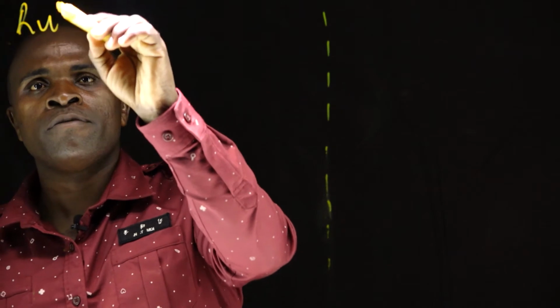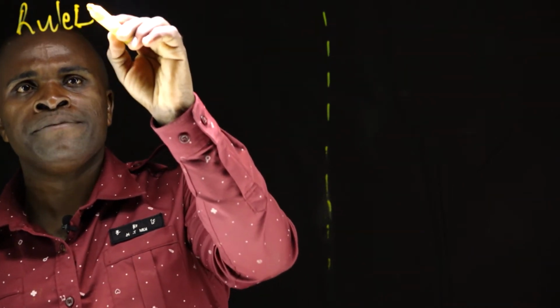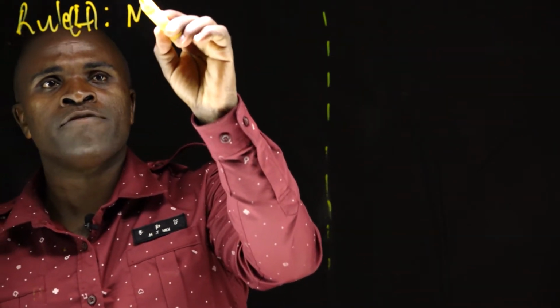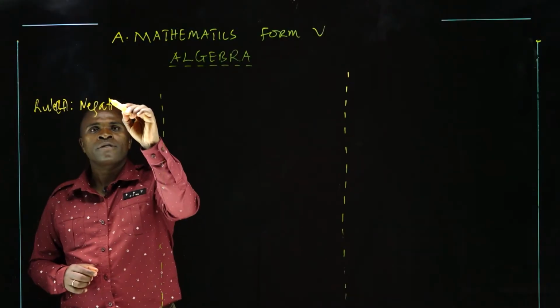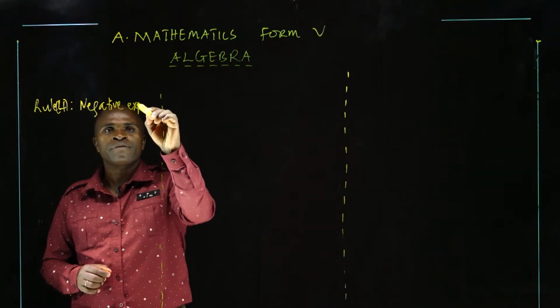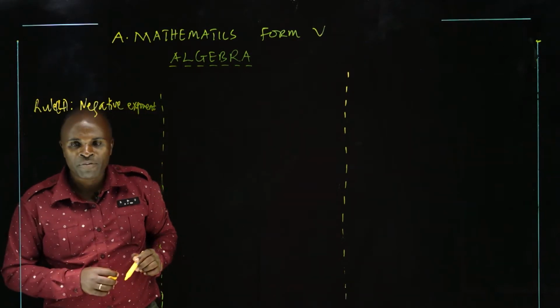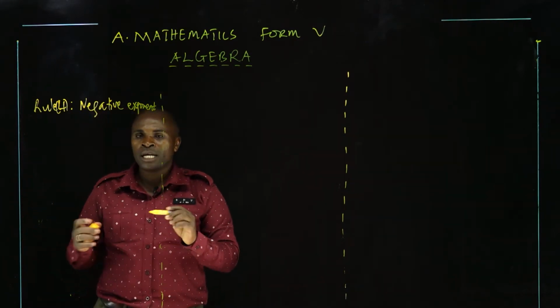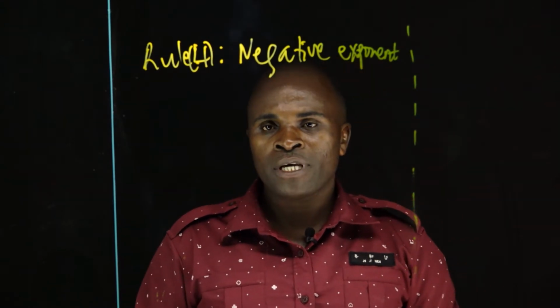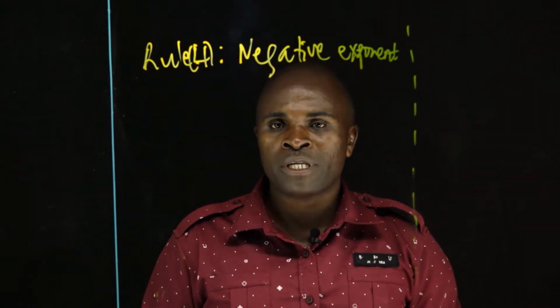Rule number 4, this is about negative exponent. Students, have you ever come across this term, negative exponent? How do you think it appears when we talk about negative exponent?